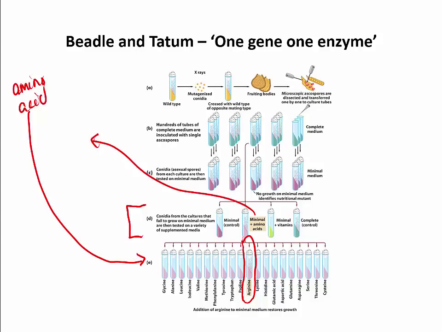And what they found was something very consistent, that each one of these mutants had a single growth deficiency. So it was deficient for either one amino acid or one nucleic acid. And their mutants had deficiencies for different things. So it wasn't like every mutant was deficient in arginine. Some were deficient in arginine, some lysine, some serine, but each one of those mutants was deficient for one molecule only.